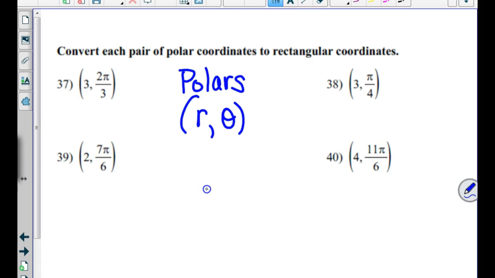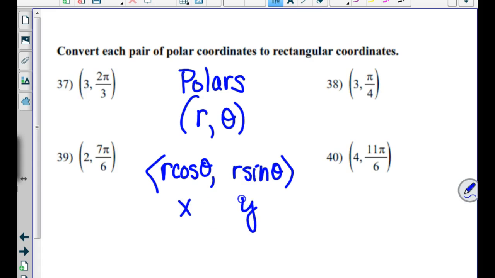What did we have with vectors? R cosine theta, r sine theta. Made the ordered pair into an x and a y, right? That'll sound familiar now? Now, the issue for this is you're going to have to use a unit circle.